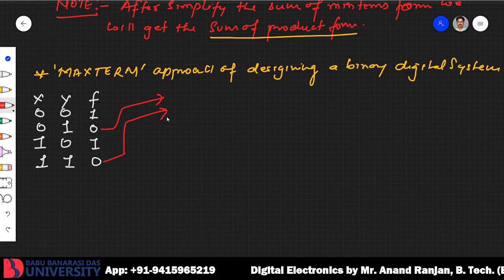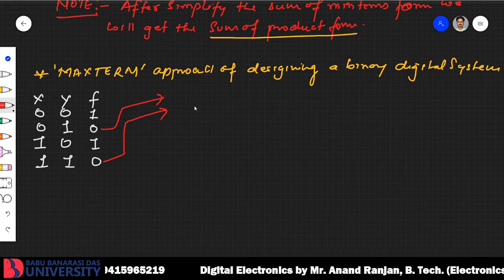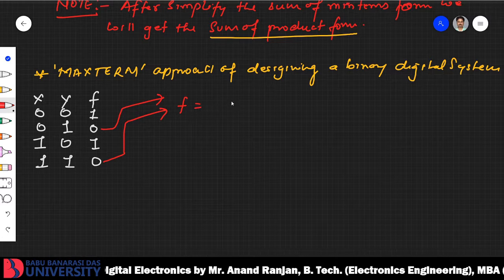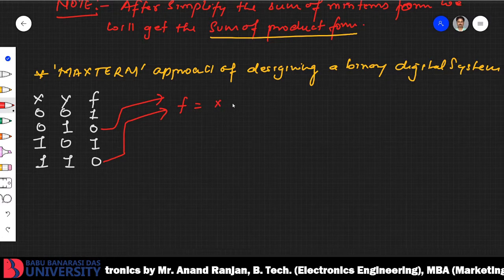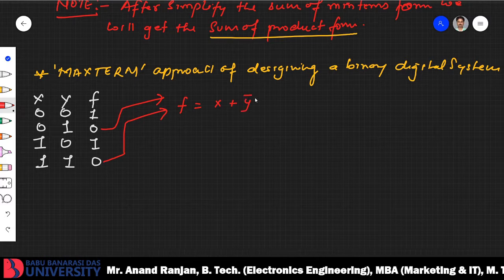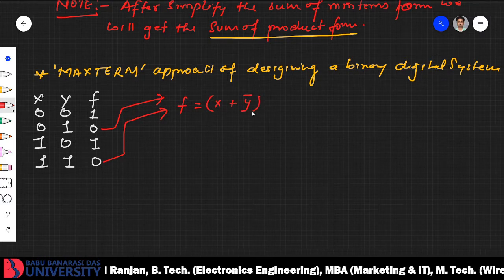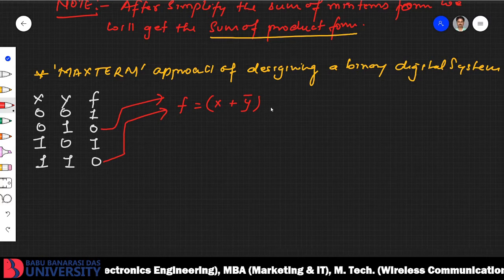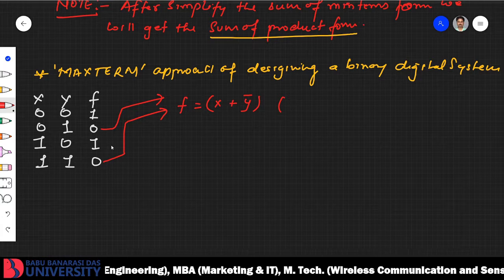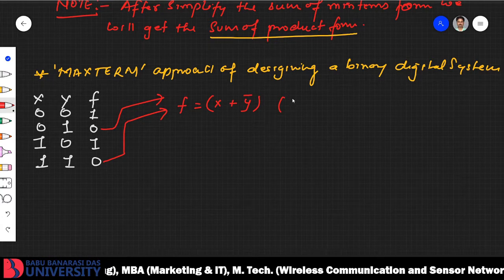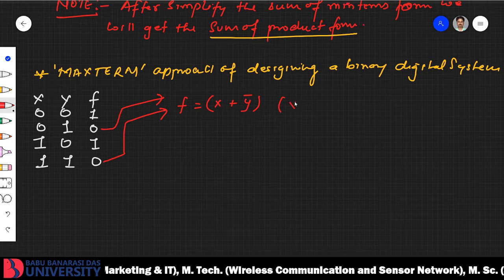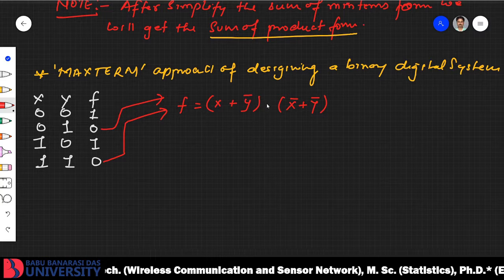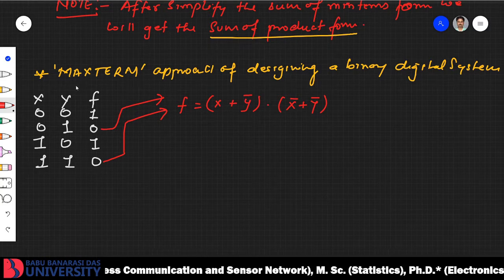For writing the function for 0, let us write f is equal to x plus y bar. This will be the first term with this combination, and the second term is for the last combination, which is x bar plus y bar. And these two terms are ANDed together.